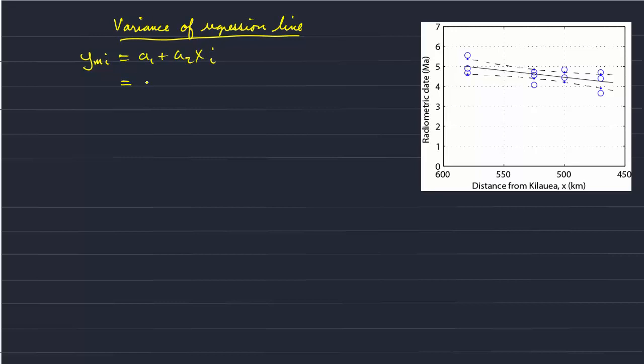And last but not least, let's derive the variance of the regression line itself. Remember our model line, our regression line is y sub mi, and that's equal to A1 plus A2 times xi. And we know our solution for A1 is the mean value of y minus A2 times the mean value of x.